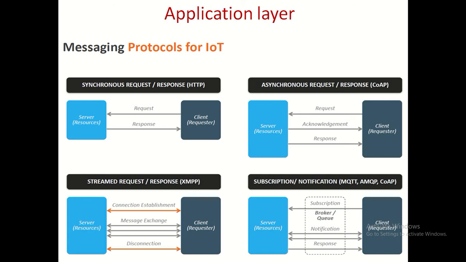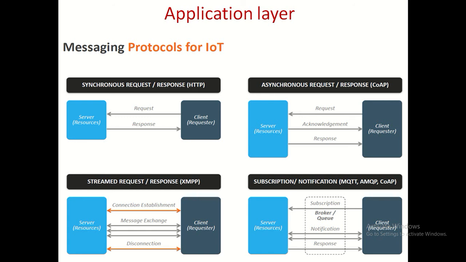However, in asynchronous, there is always an acknowledgement based on the request, and then there will be a response. So HTTP is an open type where it is request and response. However, in CoAP, we have an acknowledgement for a request from the client.